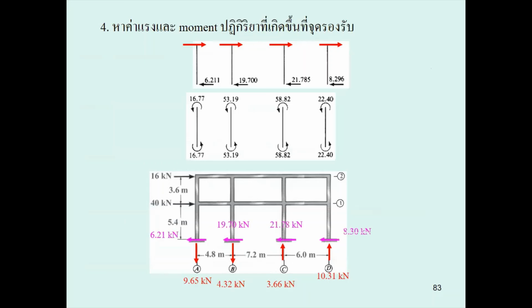I would like you to go back and compare the reactions for this same frame, for this same problem, using the portal method and the cantilever method. You can see the results are a little bit different, but not that much. You are supposed to be aware that this approximate analysis can only be used for the preliminary analysis and design of the frame.